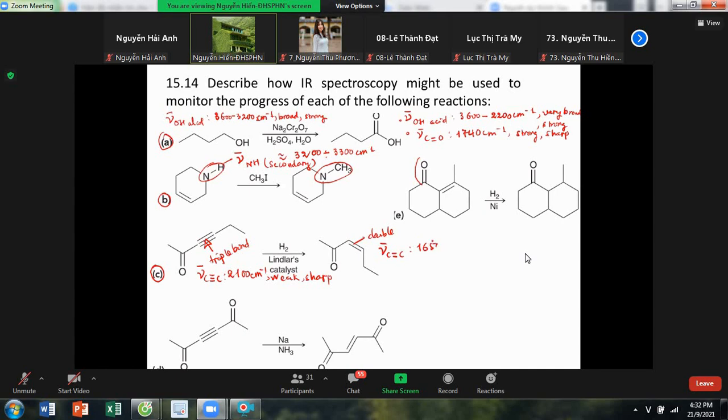1600, maybe a little bit smaller because it is conjugated. Yeah, the same for CMB and the same.